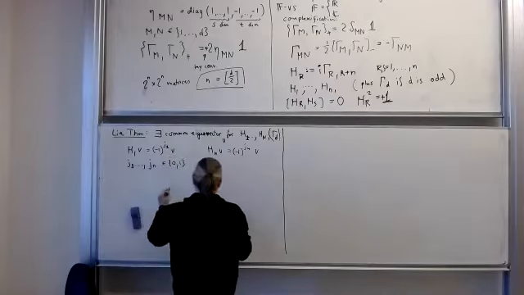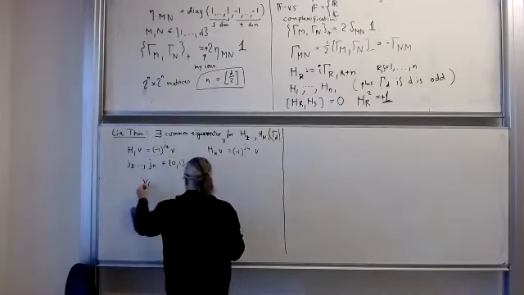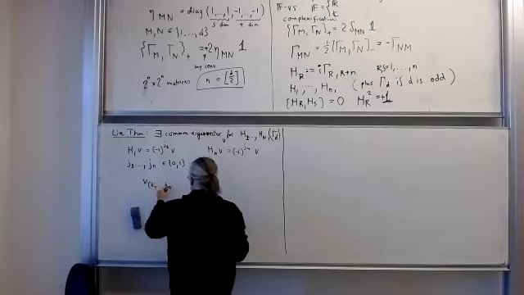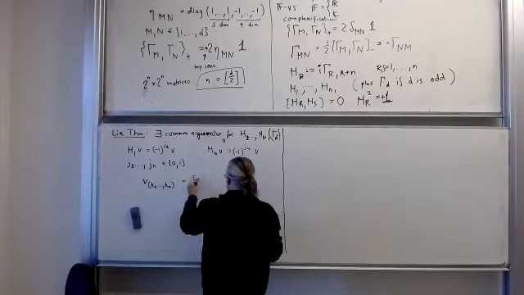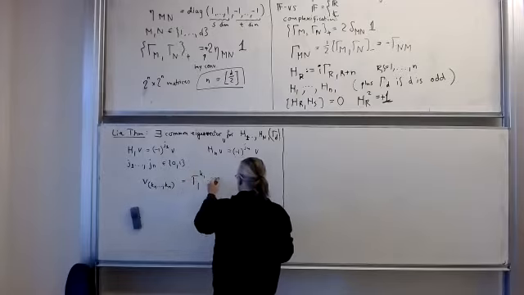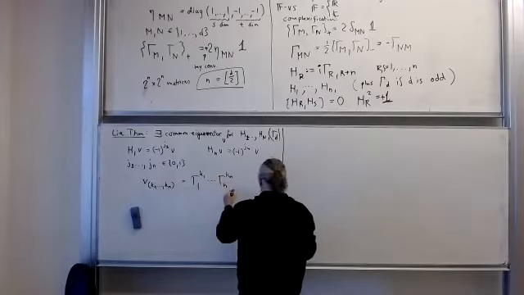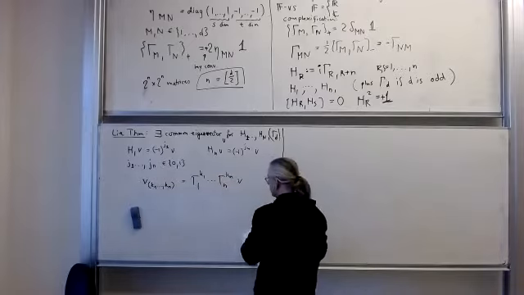So let's make a new vector, which we'll call V with indices k1 up to kn, equal to gamma 1 to the k1 up to gamma n to the kn on v.